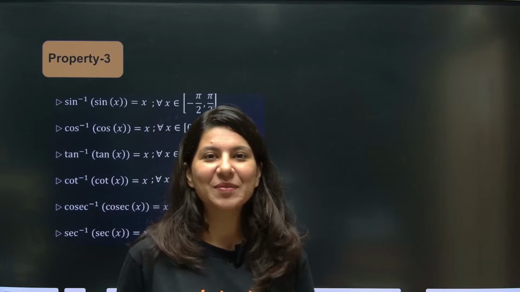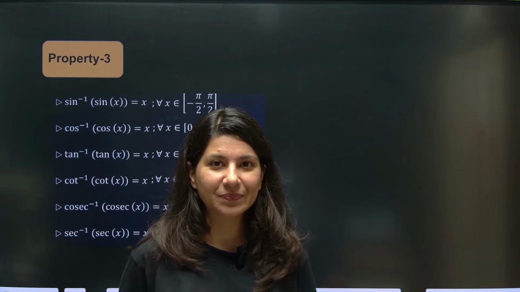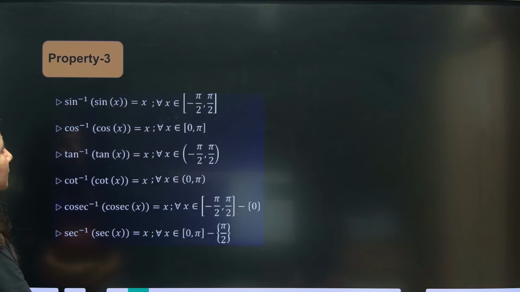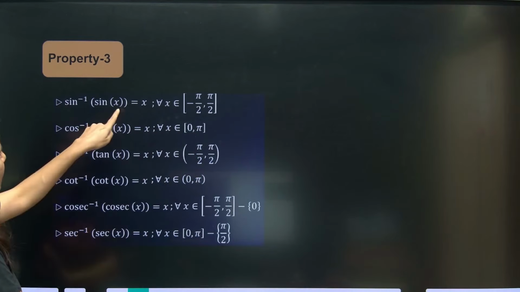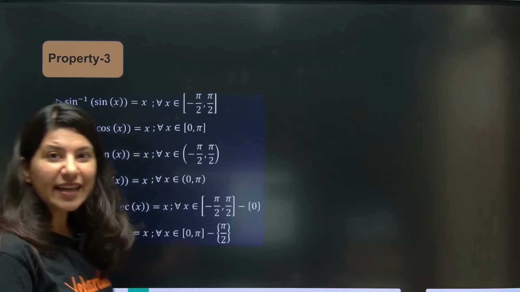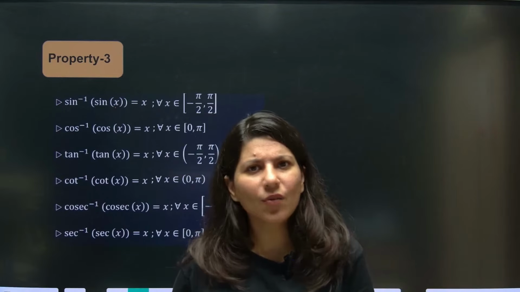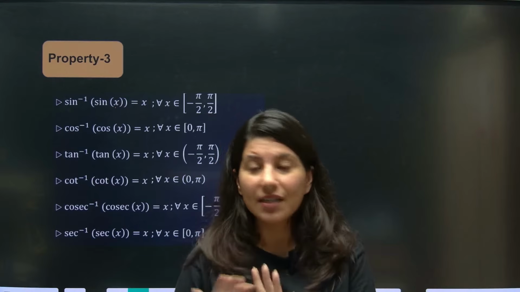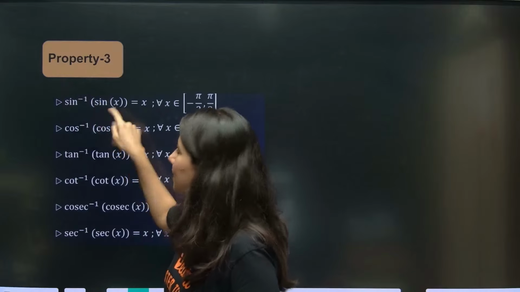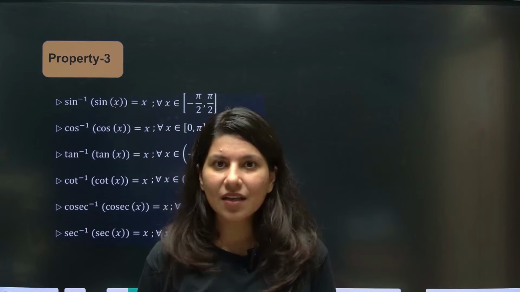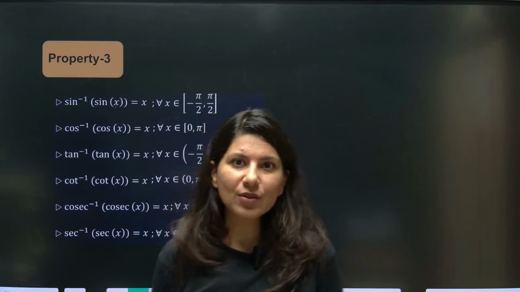Now property number 3, when inverse trigonometric function is outside. Okay, so understand. Here x is inside sine x or sine theta. What is the domain? Just don't consider this, only this. Sine theta or sine x or cos theta, cos x, tan theta, all the domains are all real values except the tan.